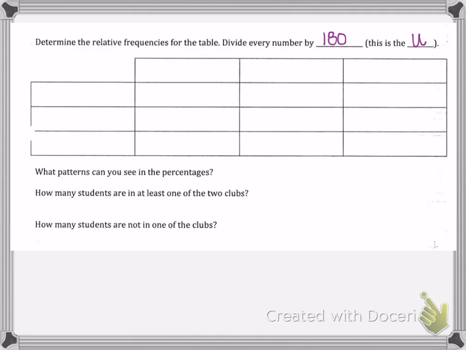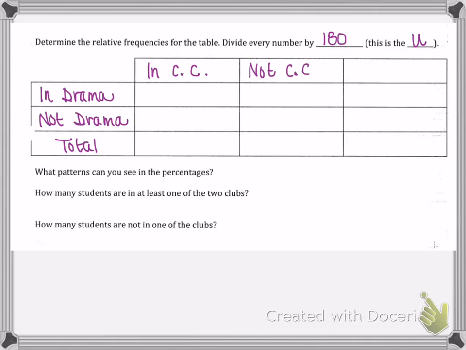So we're going to set up this table just exactly like we did before. In drama goes here, not drama, and total. In computer club goes here, not computer club goes here, and total here.